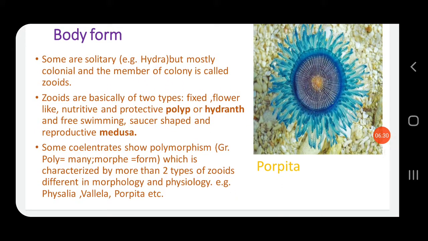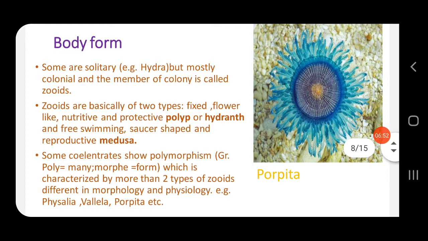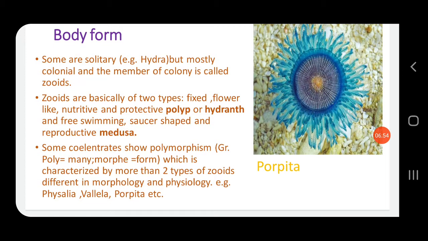Now we come to their next character, their two specific polymorphic forms, in which we study the zooids. What are these zooids? These zooids are basically the members of the colony which perform special functions, and they are of two types.